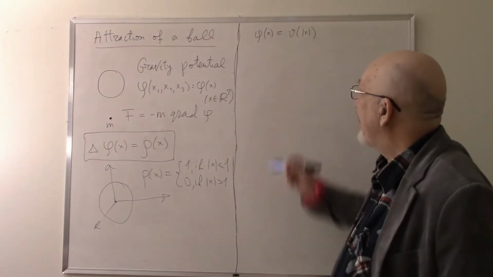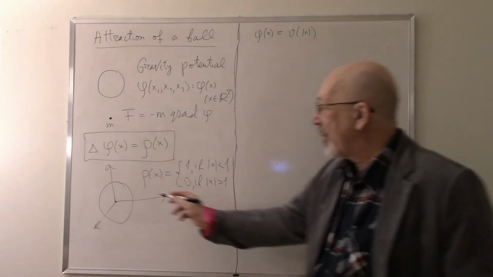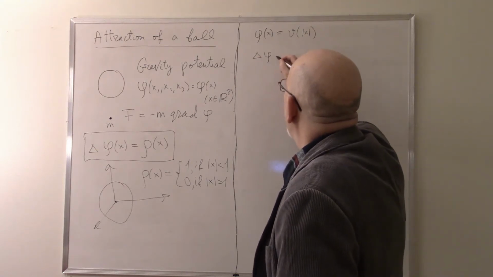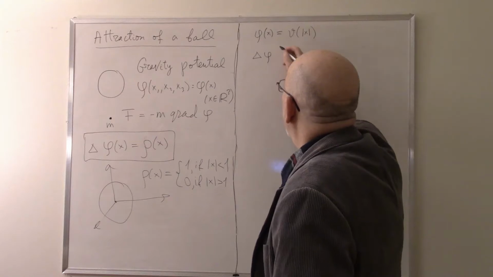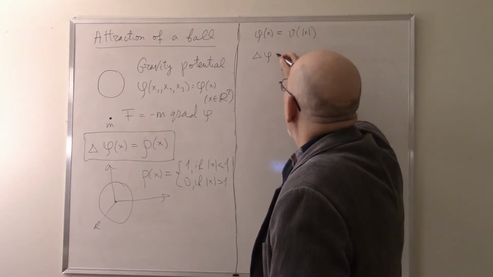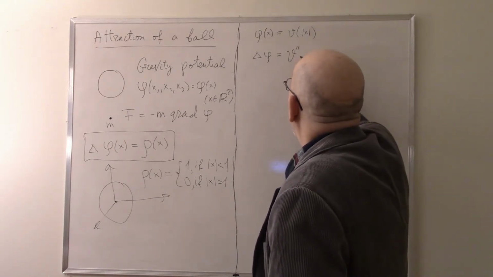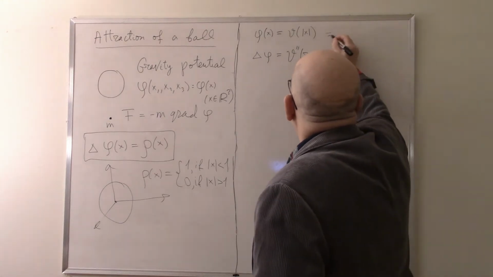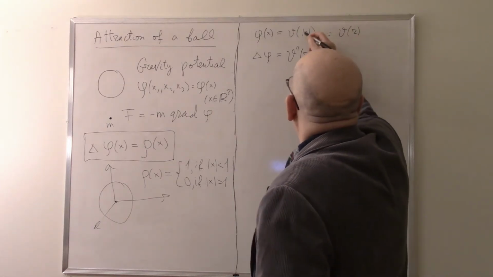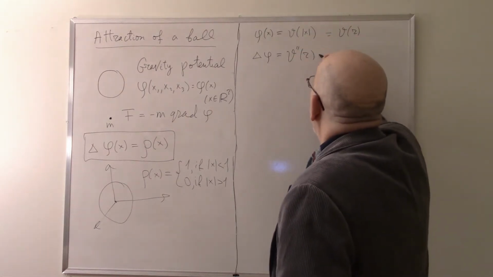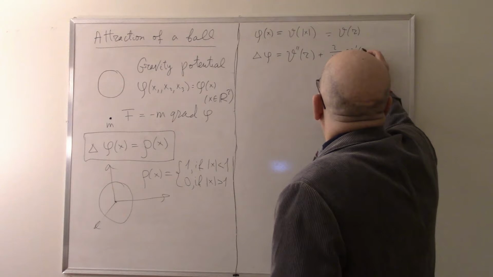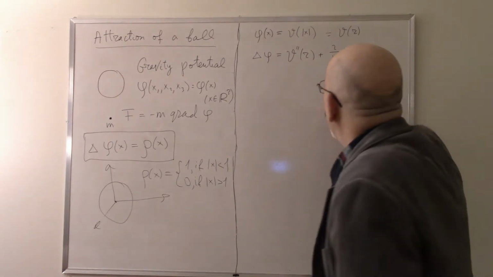And now if you have a function which depends only on the distance from the origin, then Laplacian phi also is a function of r, equals the following: v double prime of r plus 2 divided by r v prime of r. R is modulus x.